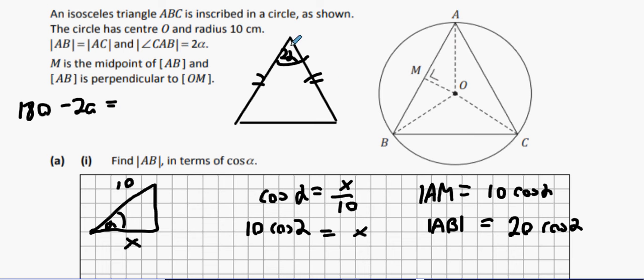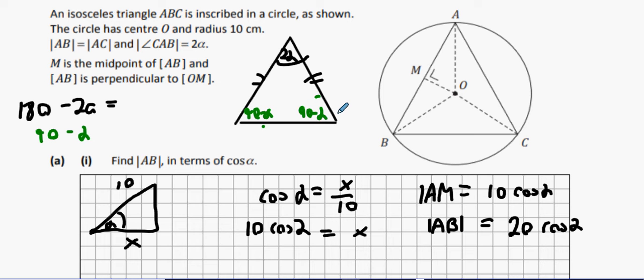And that means that the remaining two angles, the two green angles, have to be the same as 180 minus 2A. Divide that by 2 and you get 90 minus A. So both of these are 90 minus alpha.